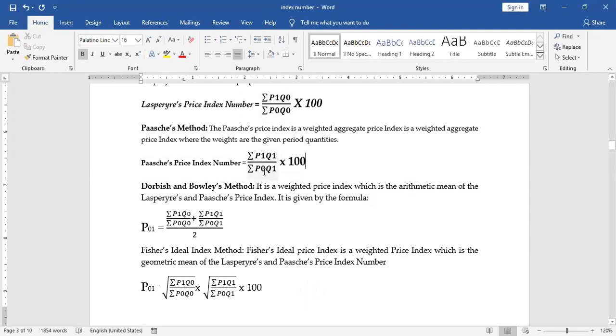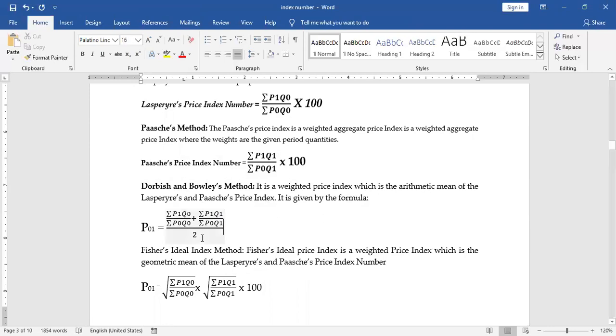If you combine these two, you get this answer: sigma P1 Q naught divided by sigma P naught Q naught, which is Laspeyres', plus sigma P1 Q1 divided by sigma P naught Q1, which is Paasche's, whole divided by 2.